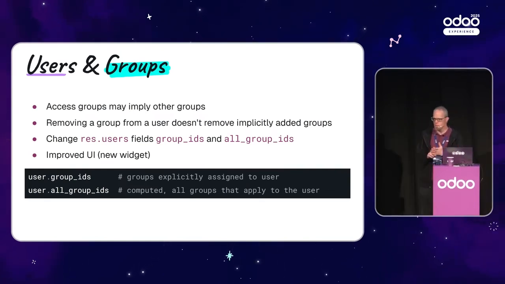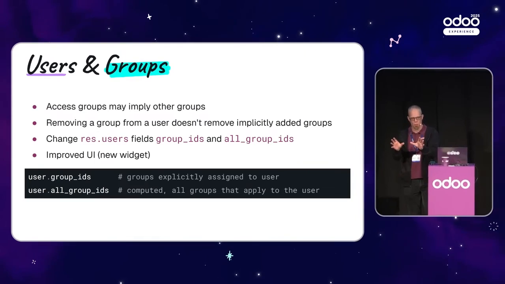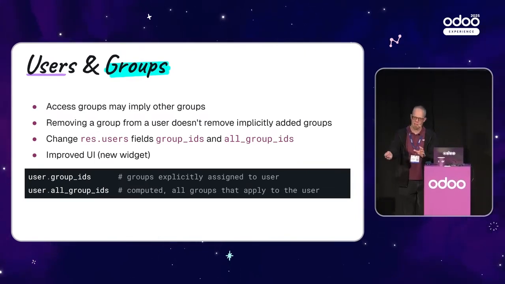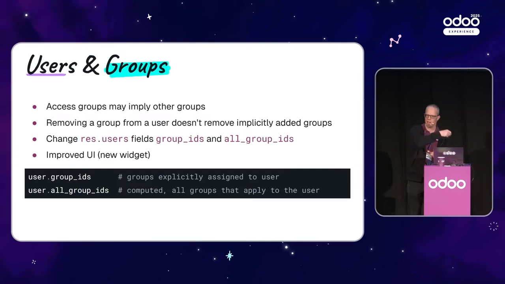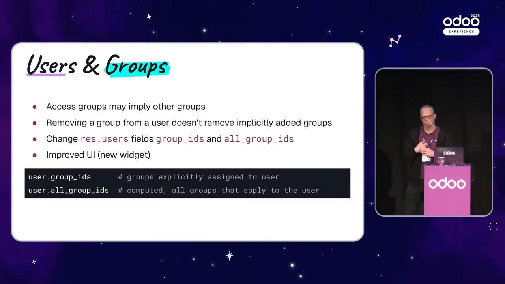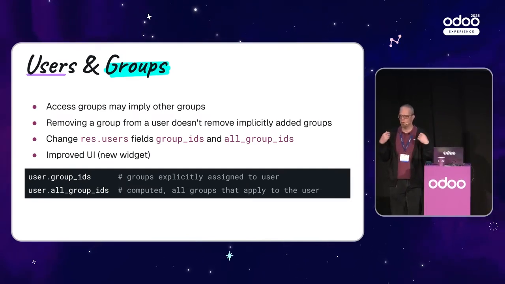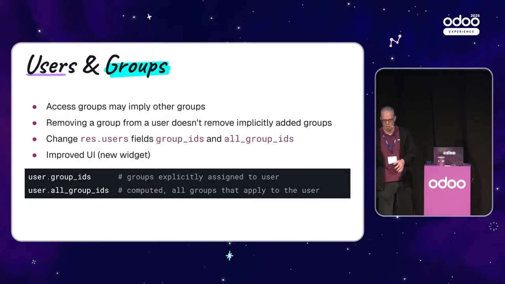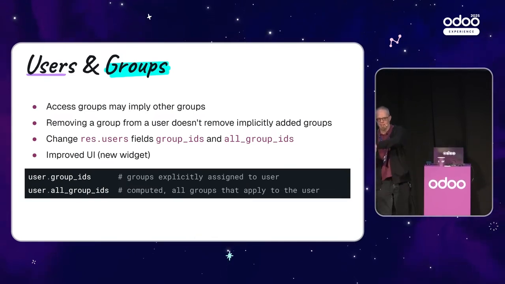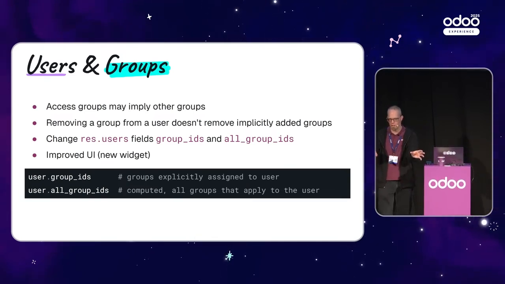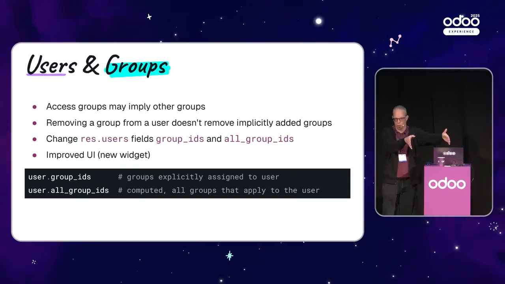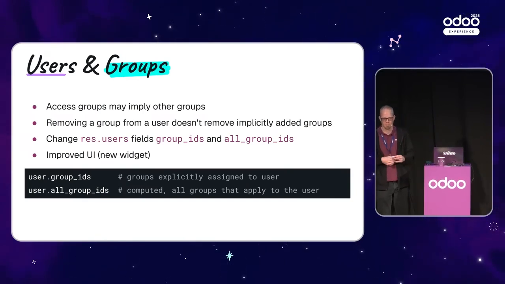And the result is when you assign a group to a user, it's just that. But we don't automatically add the user into the implied groups. What we do instead is that when we have to check the access rights of the users, we take its assigned groups, determine all the implied groups for those ones, and those ones determine what the user may or may not do.